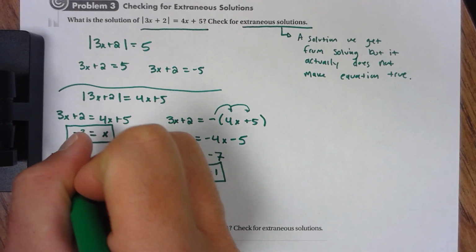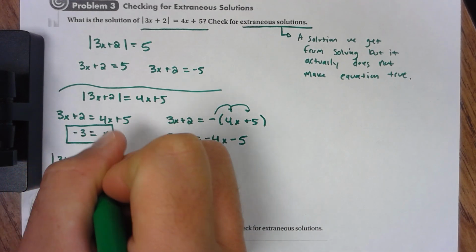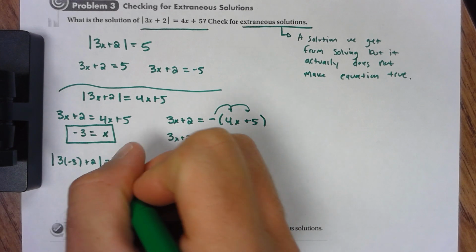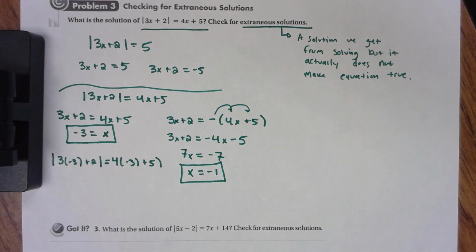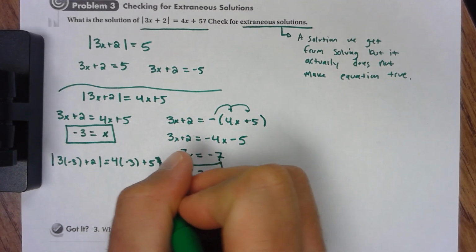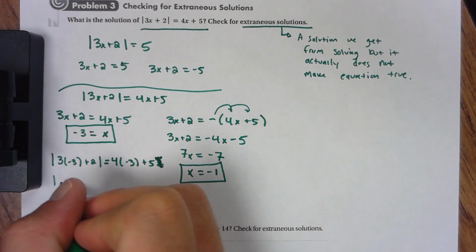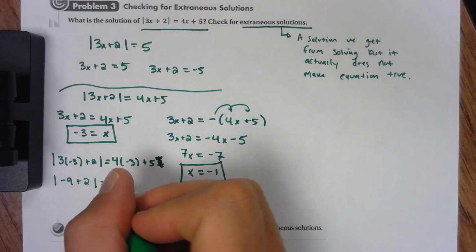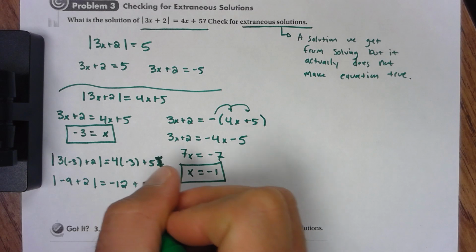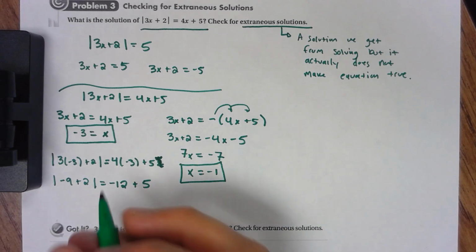So 3 times negative 3 plus 2, is that equal to 4 times negative 3 plus 5? So this would be negative 9 plus 2. This is negative 12 plus 5.